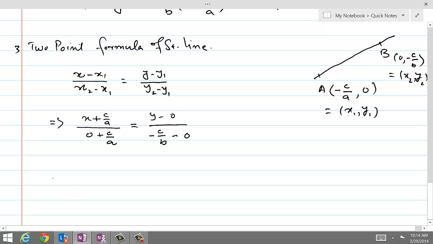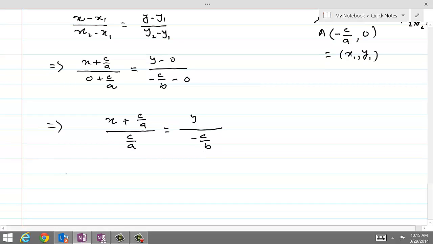So this is the equation with 2 points on the line: x plus c over a divided by c over a equal to y divided by minus c over b. And if we want to further simplify it, we can certainly cross multiply.